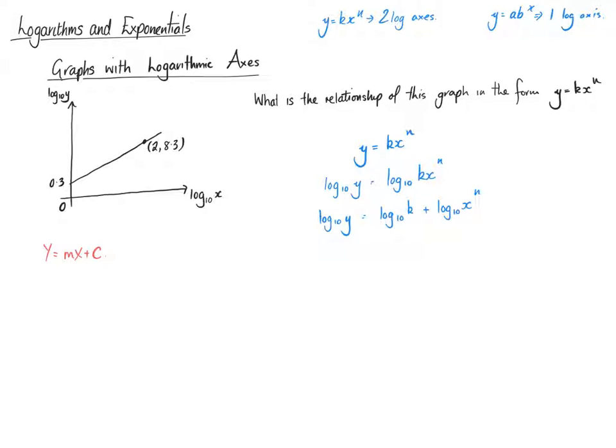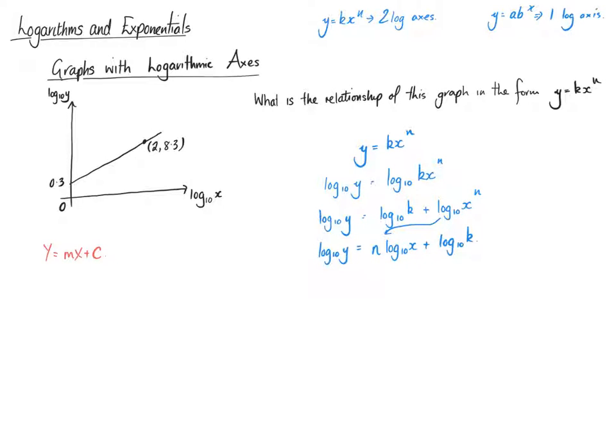And so we get log to the base 10 of y, and when we move it about a bit and take the n down the front, we get n log to the base 10 of x plus log to the base 10 of k.